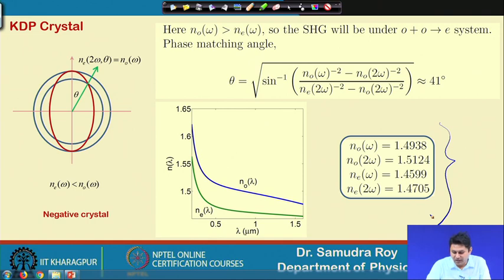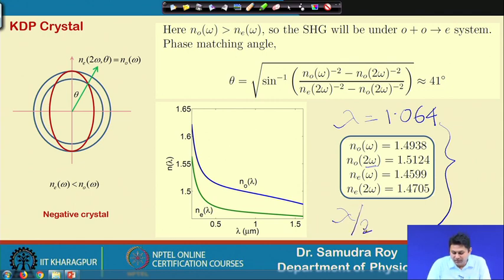These n values are given at the operating wavelength lambda equal to 1.064 micron. This is the operating wavelength at which we had this refractive index, but there is also 2 omega, so we also have the value of the refractive index at lambda by 2.